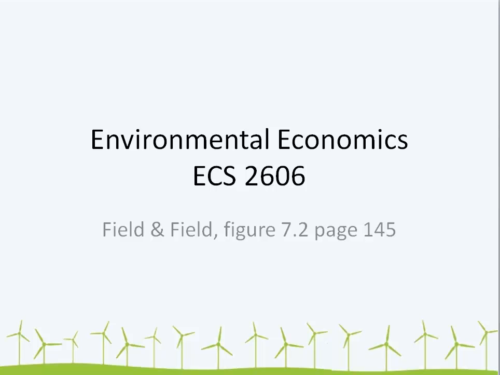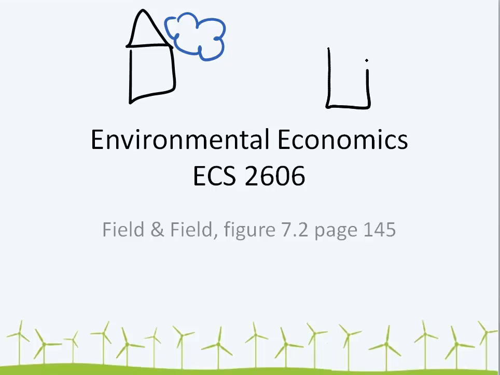Now, today we're going to have a look at house prices. What this basically says is, if there are two houses, one in a very clean neighborhood, so let's make the air in this neighborhood nice and blue, and the other in a dirty neighborhood, so let's make the cloud over here very black, the difference in the prices of the houses will be an indication of the value of clean air.